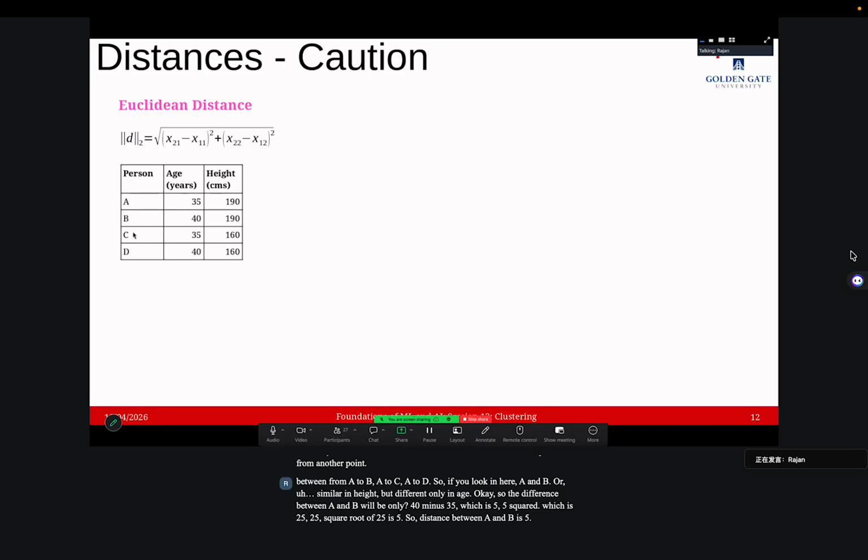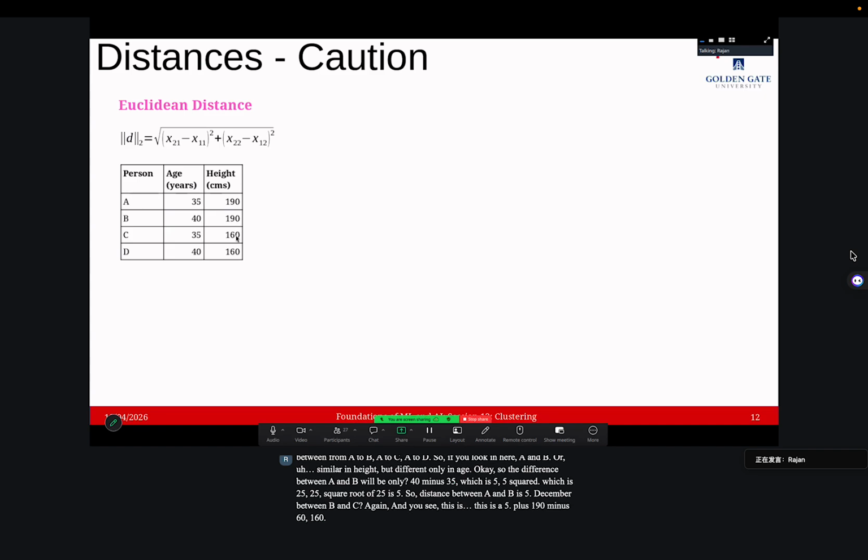Distance between B and C: again you see this is a 5, plus 190 minus 160, that's 30. 30 squared is 900, 900 plus 25 is 925. Square root of 925 is about 30.4. So the B and C distance is 30.4.